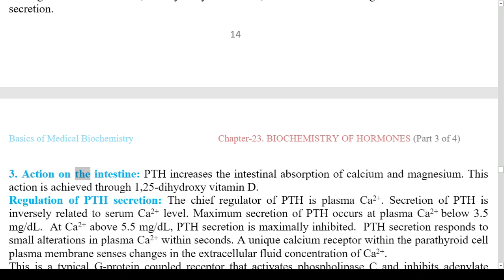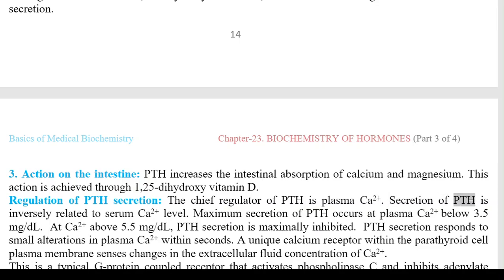3. Action on the intestine. PTH increases the intestinal absorption of calcium and magnesium. This action is achieved through 1,25-dihydroxyvitamin D. Regulation of PTH secretion. The chief regulator of PTH is plasma Ca2+.